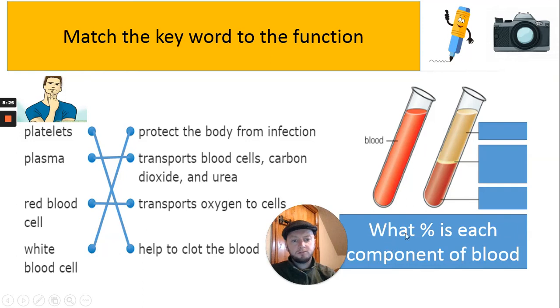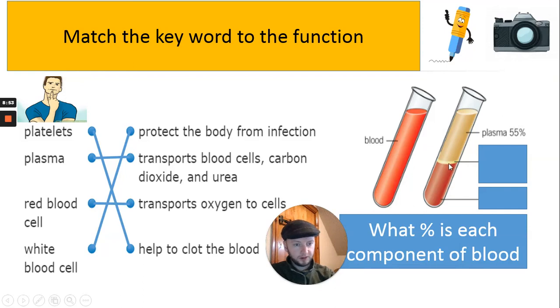Right. This is a blood sample, and we can spin that, and the heaviest things go to the bottom, the lightest things are at the top, and we can separate out all the layers. So we can look at the percentage of each component of the blood, maybe the percentage of plasma, of red blood cells, and white blood cells. So this here is the plasma, and it makes up 55% of the blood. It's quite a lot.